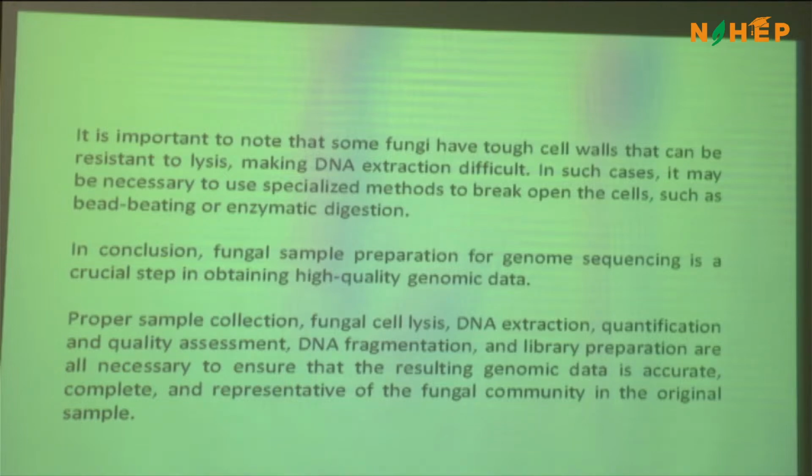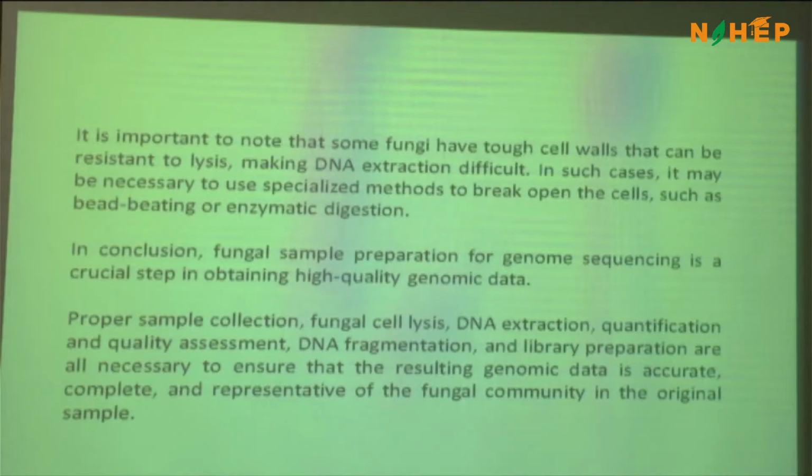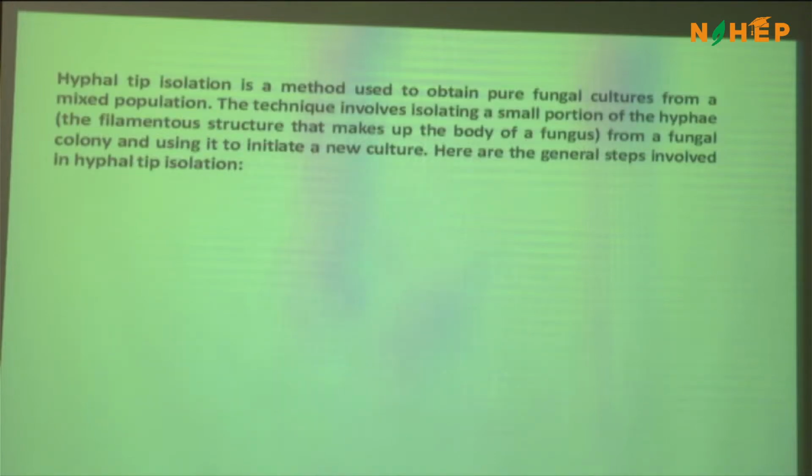Okay, so the thing is, the DNA isolation part, I will skip it because you will be taking the help of some kits, or you develop your own laboratory method for isolation of fungal DNA. But the most important point is, again, I'm coming back to the same story, the microbiological purity and genetic purity, right?